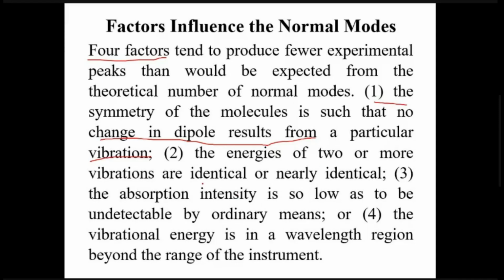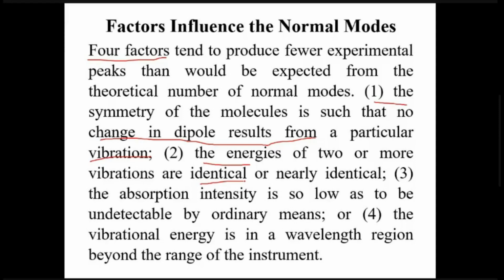So you got the second reason why your calculated number of normal modes is different from the observed. Let's move on to the third one. The absorption intensity is so low as to be undetected by ordinary means.